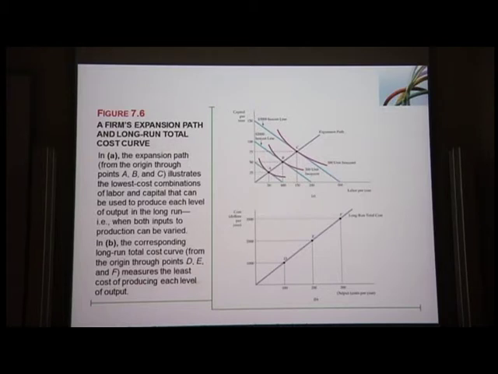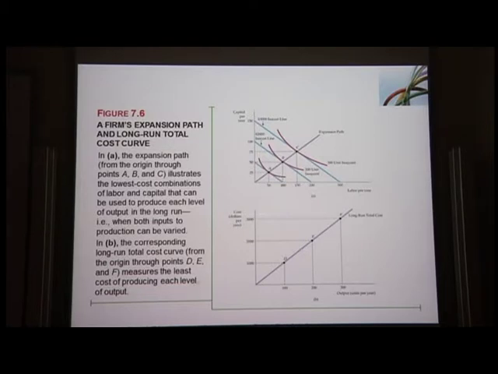The second one is 200 units, and the third one is 300 units. So that is the points of tangency A, B, and C, where the isocost line is tangent to the isoquant for a certain level of output. There are 3 output levels illustrated here: 100 units, 200, and 300.